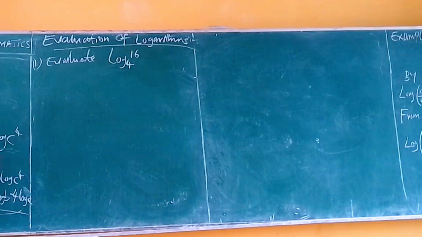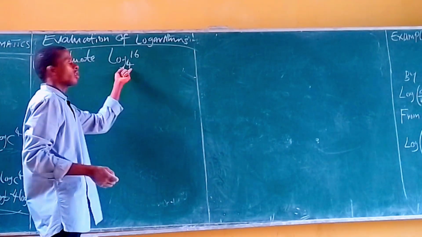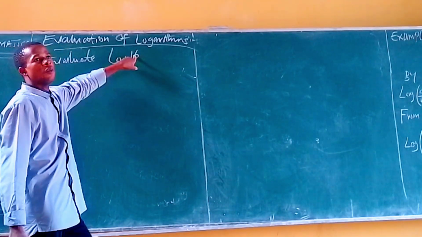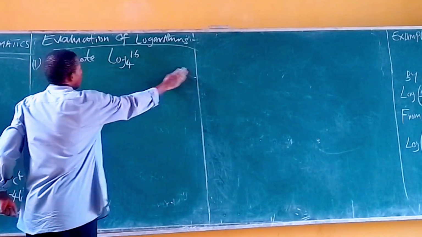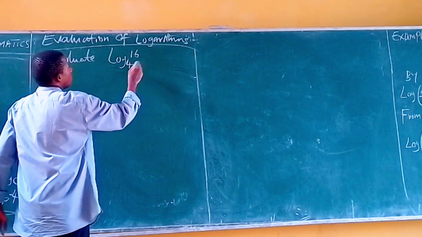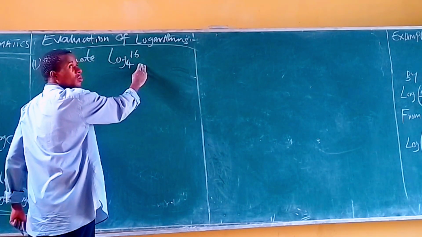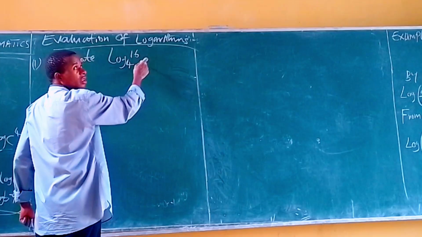Are we together? Now if you look, they give us what? A base, right? And they give us a number, not the power. You do not know the power. Logarithm doesn't give the power; you have to find it. You need to find the power that will give us the number from the base.